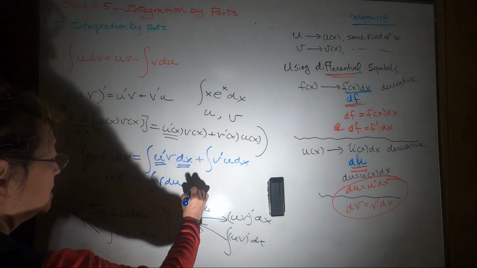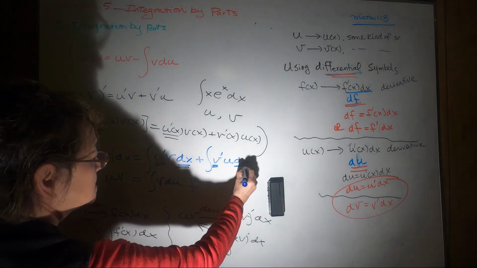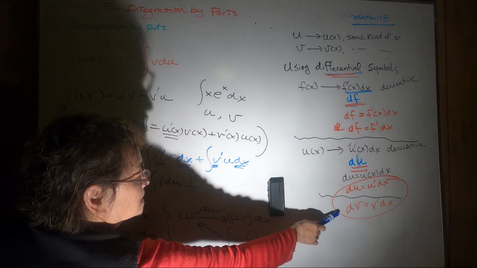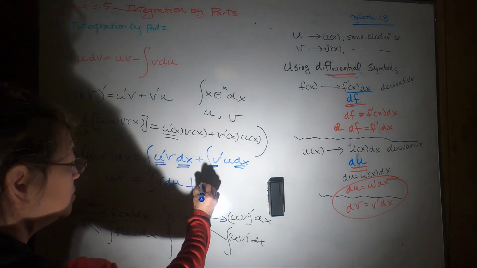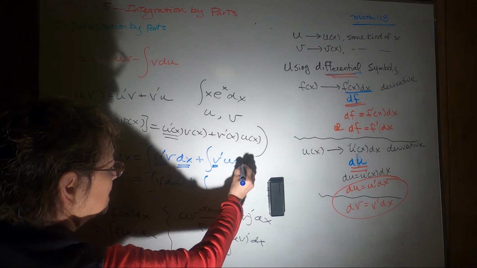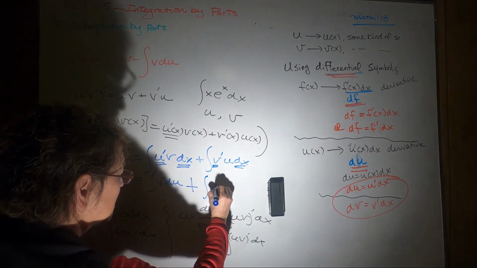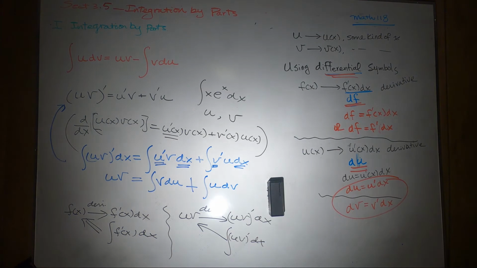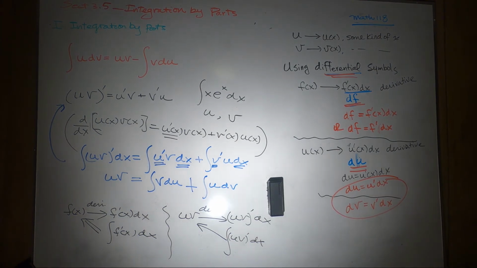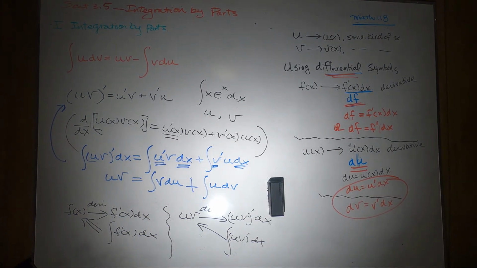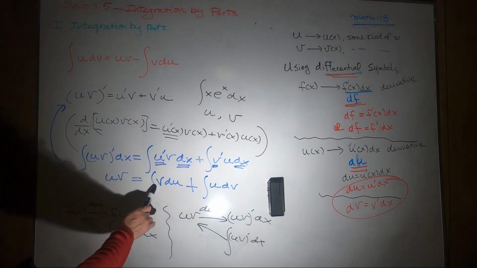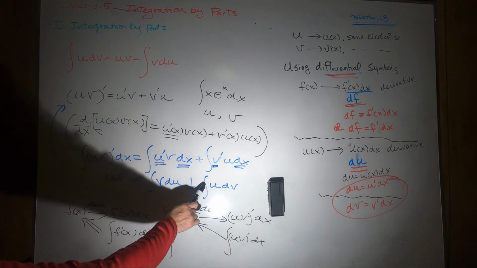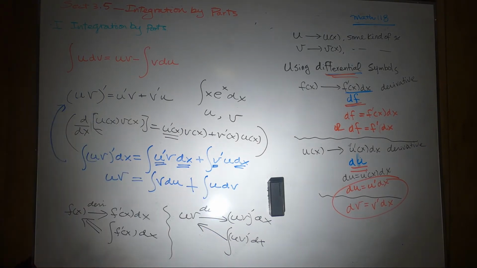And plus v prime dx. v prime dx is dv, so it becomes u dv. So your uv is the integral of v du plus the integral of u dv.